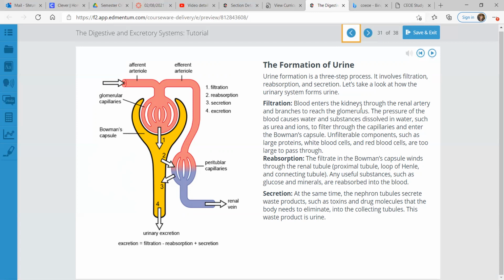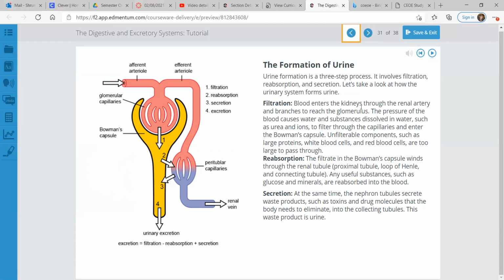Reabsorption. The filtrate in the Bowman's capsule winds through the renal tubule and the proximal tubule, loop of Henle, and the connecting tubule. Any useful substances such as glucose and minerals are reabsorbed into the blood. Secretion.